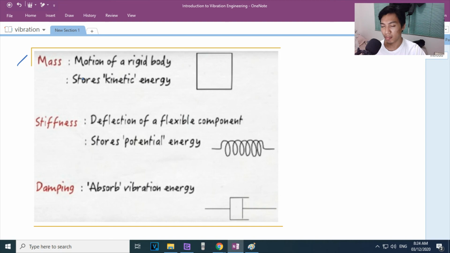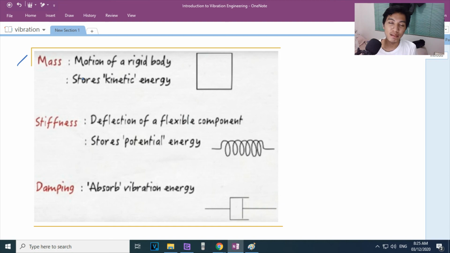Hindi lang yung velocity. Because if a body has no mass or a smaller mass, it will also result in a small kinetic energy. And you have to consider yung mass ng isang bagay and the kinetic energy of a moving body in order for you to counteract the effects of vibration.